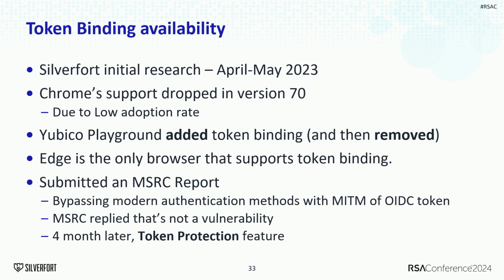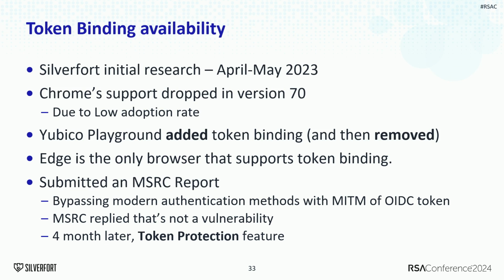So my initial research occurred in April and May 2023. And I noticed before coming here that Chrome dropped support in version 70 due to low adoption rate. And Yubico Playground actually added it and then removed it. Well, it's a playground and they can actually do whatever they want.